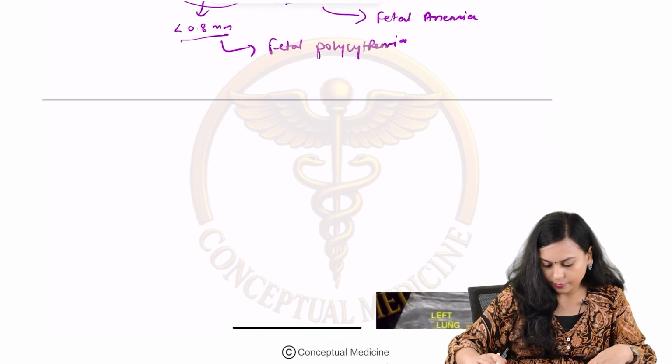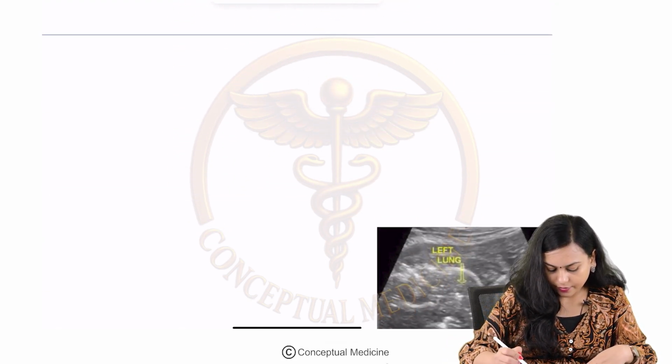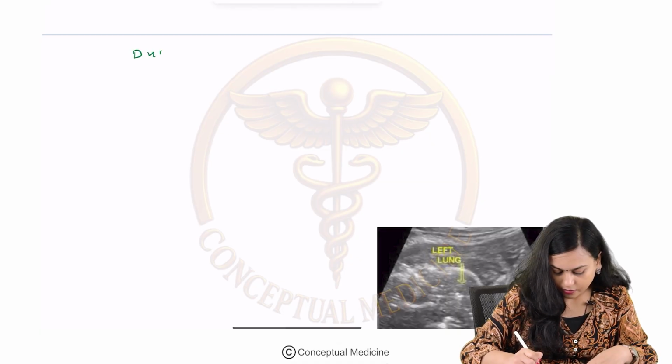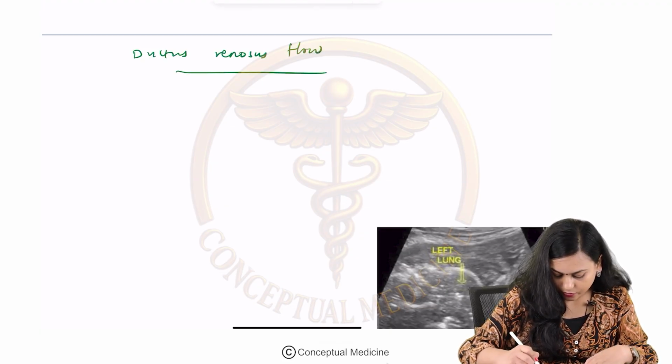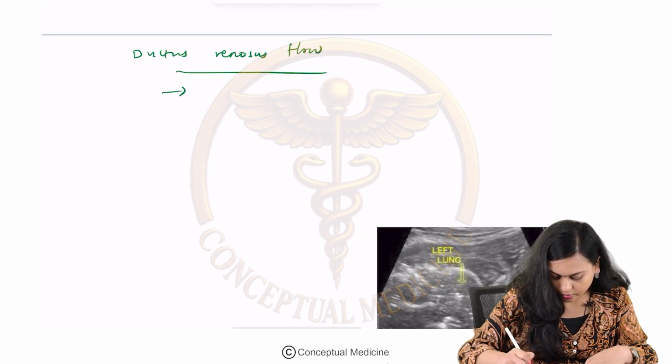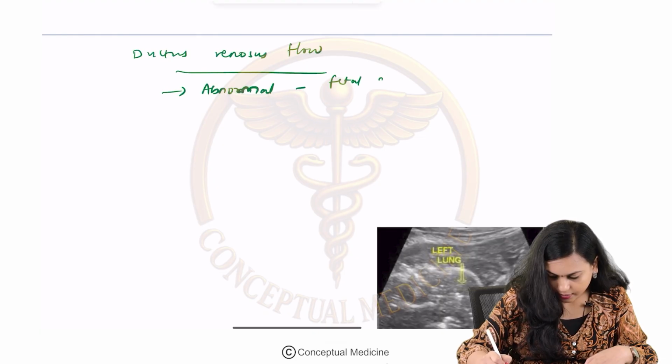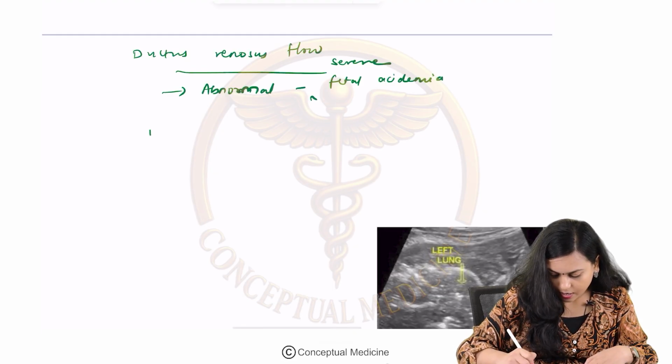And in some cases, you can even evaluate the ductus venosus flow, okay. So, normally ductus venosus flow will be abnormal, okay, in a case of fetal acidemia, and especially when it is a severe fetal acidemia, okay.